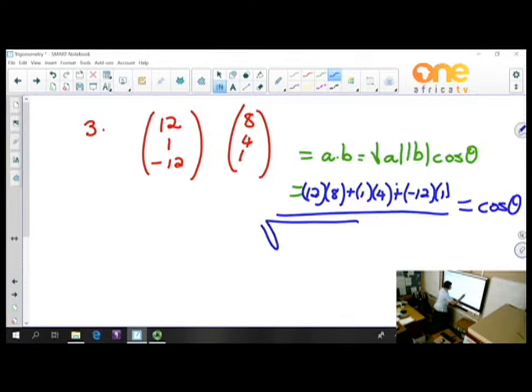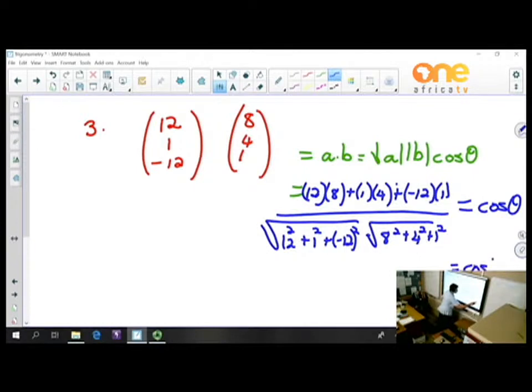Now Pythagoras is going to be all 3. So it is 12 squared plus 1 squared plus negative 12 squared. This is not 0 here. And then the second one, you multiply here, is 8 squared plus 4 squared plus 1 squared. So cosine theta, it's always good to put that step in between so that we don't make mistakes there.